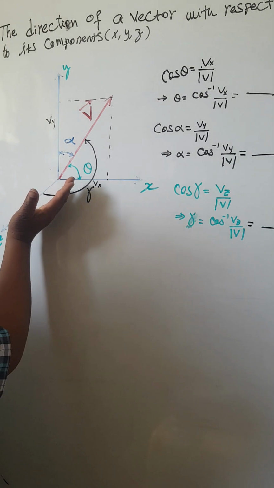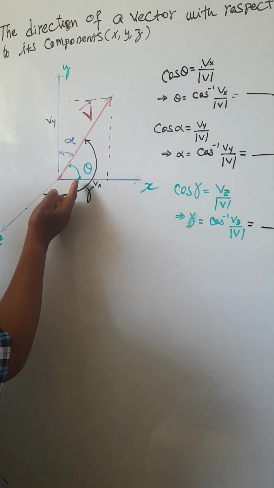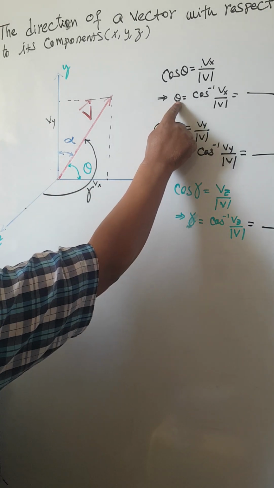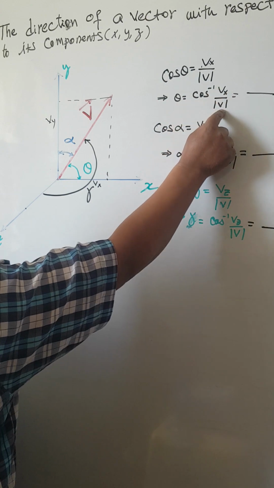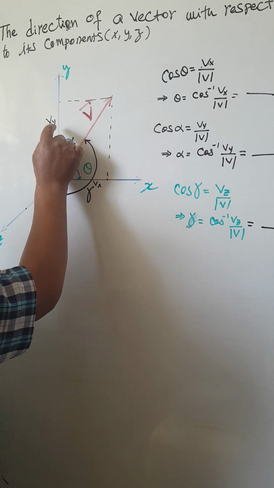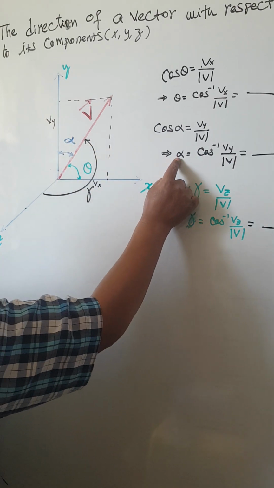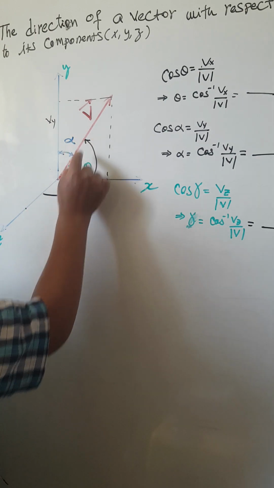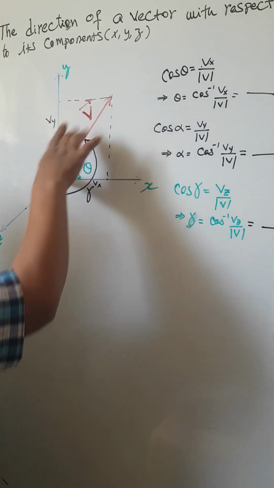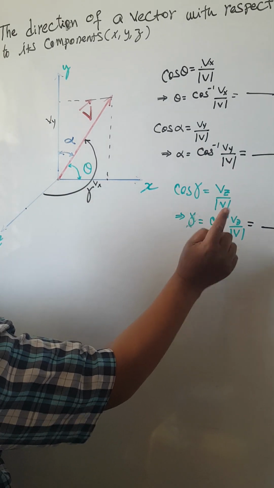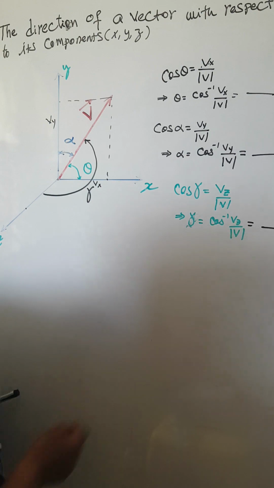The angle it makes with the x-axis can be calculated as theta, which is cos inverse of vx over v, the angle with the y-axis is alpha, which is cos inverse of vy over the magnitude of v, and the angle with the z-axis is gamma, which is cos inverse of vz over the magnitude of v.